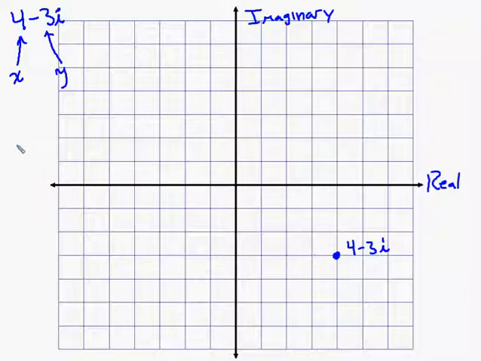What if I wanted to graph negative 2 plus 5i? x, y. So it's important to get your complex numbers in the right order. So that is going to be 1, 2, 3, 4, 5. That's right here. That's negative 2 plus 5i.